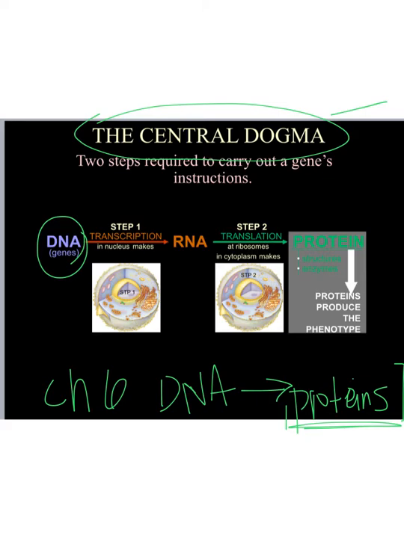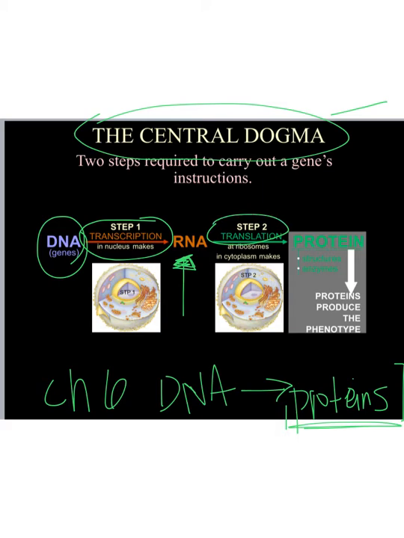Okay, so the way we get from DNA to proteins, the first step is a process called transcription. And we're going to talk about that in this chapter. This is an intermediate step where we make RNA. So we transcribe, or make a copy of, that DNA to produce an RNA molecule.